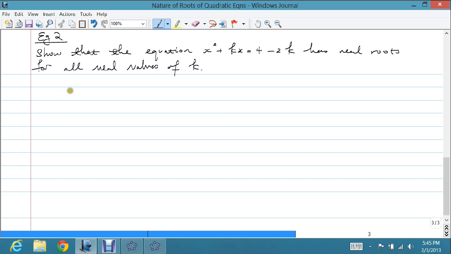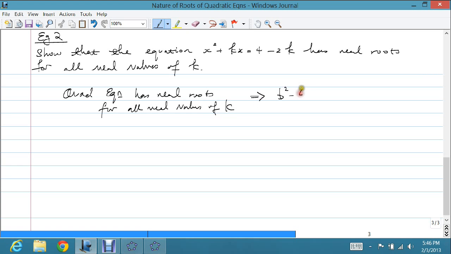When the quadratic equation has real roots for all real values, this would mean that the discriminant b squared minus 4ac is always positive or equal to 0 for any real value k. So regardless of the value k, the discriminant should be bigger than or equal to 0. And this is something that we need to prove.